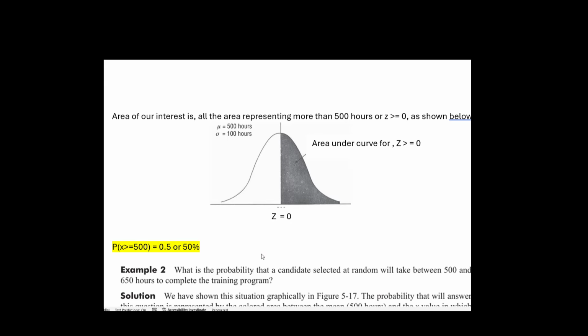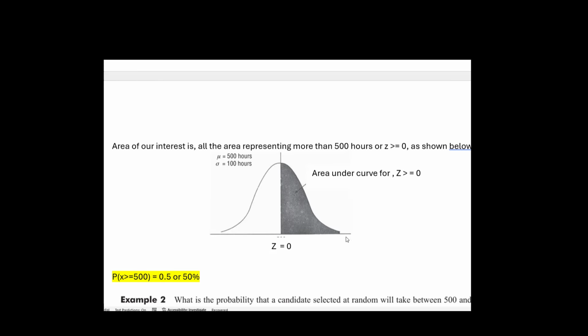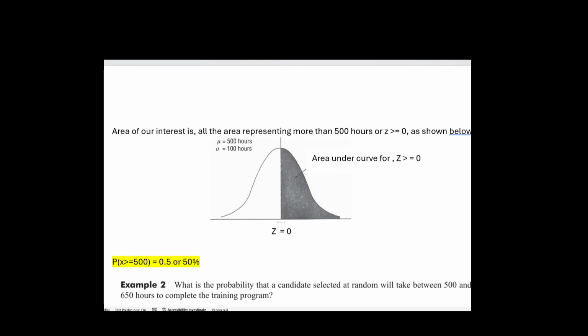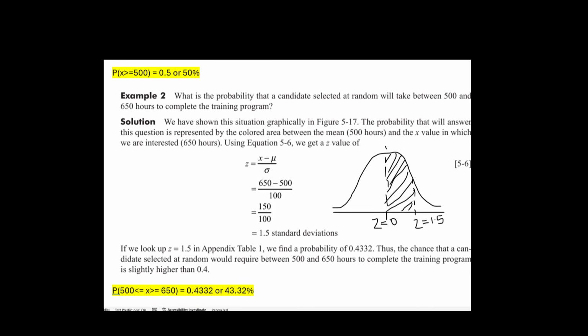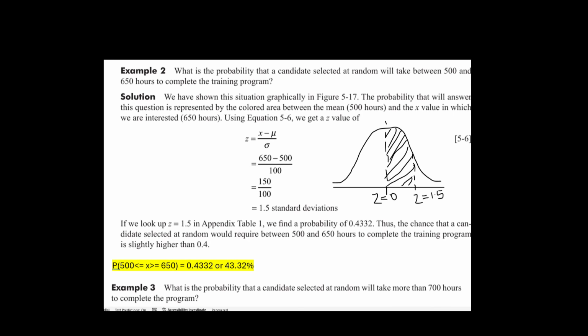Let us look at the second problem. What is the probability that a candidate selected at random will take between 500 and 650 hours? Now we have two limits, so we first have to calculate the Z values at these two points.